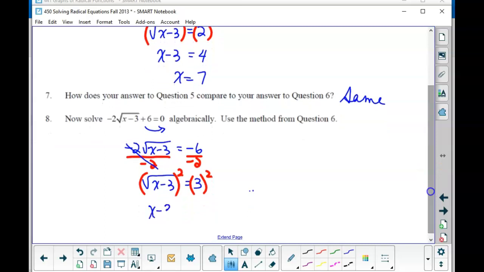Okay, and so square both sides, and we get x equals 12.